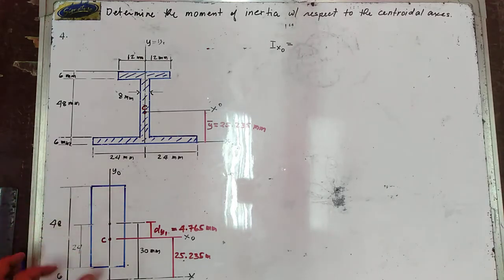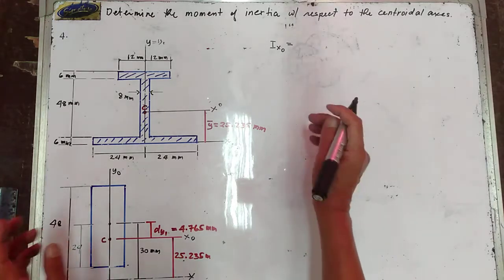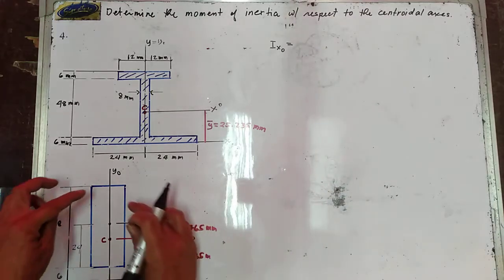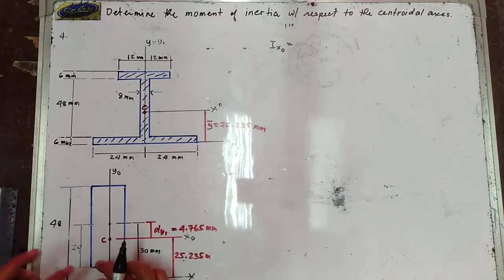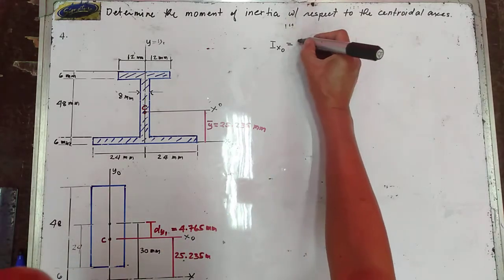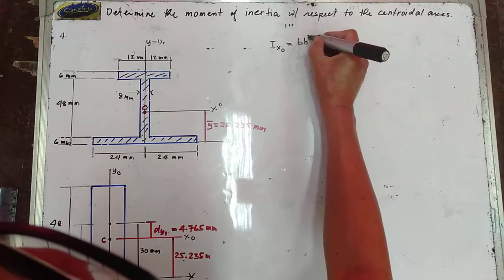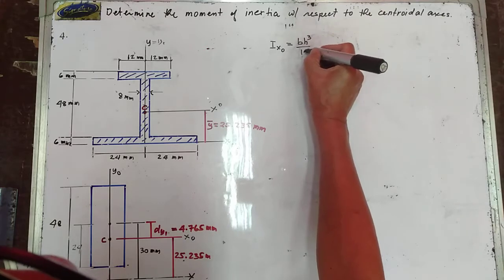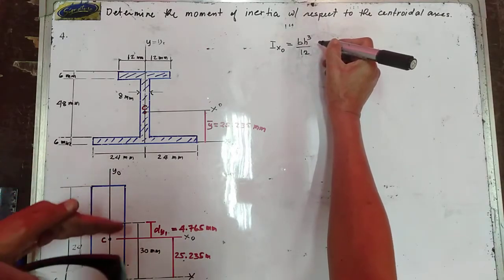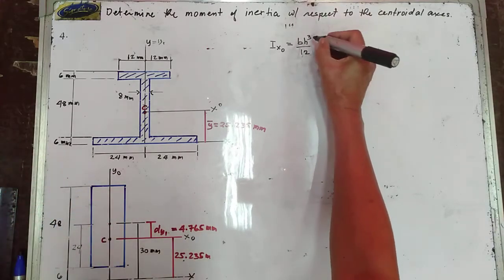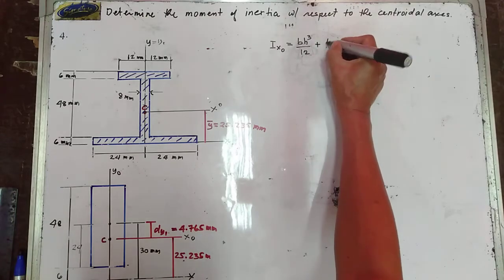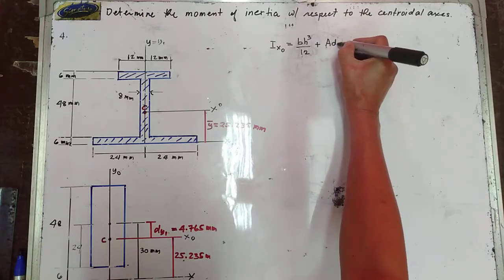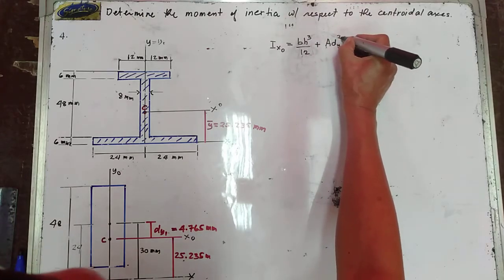So we have a rectangular area. The moment of inertia at the centroid of this rectangular area is equal to bh cubed all over 12. Since we have to transfer that to the centroid of the composite figure, plus A dy1 squared.